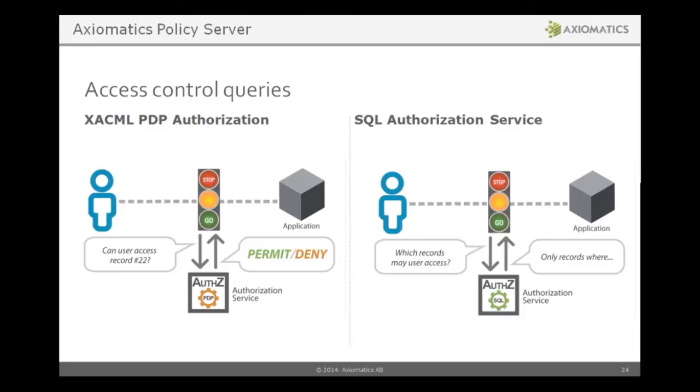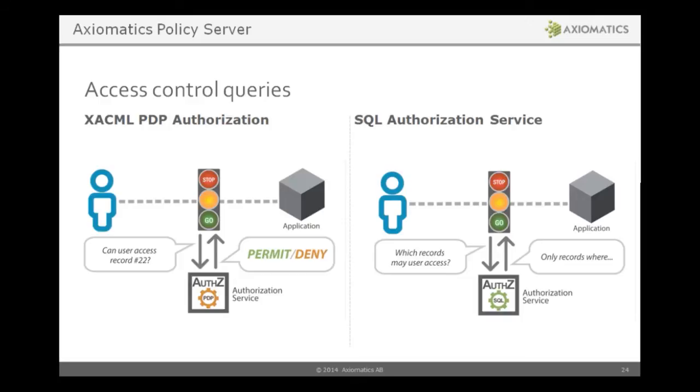What the SQL authorization service will provide you is the conditions on the user so that he can access the records. For example, user A may access the record if the record location is the same as the user location. So it will produce a SQL query, something like select records from the records table where the record location is equal to Alabama, if the user location is Alabama.